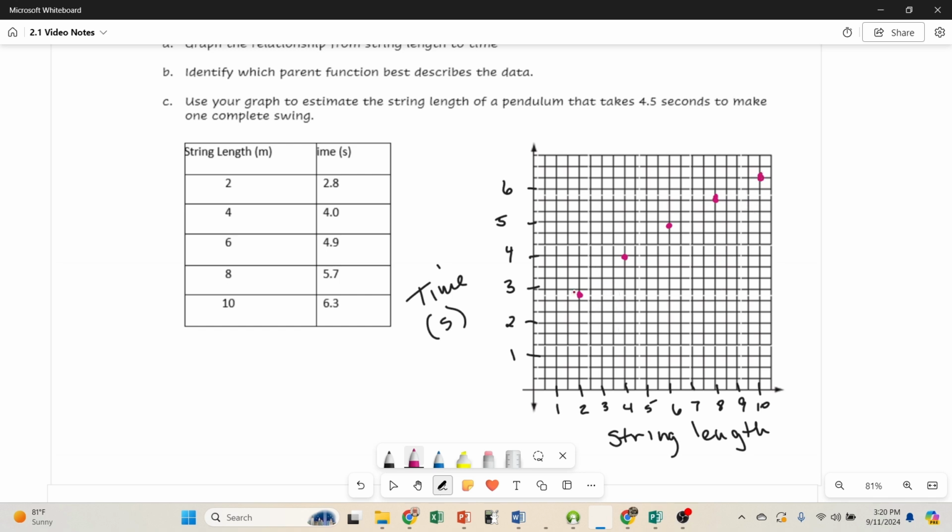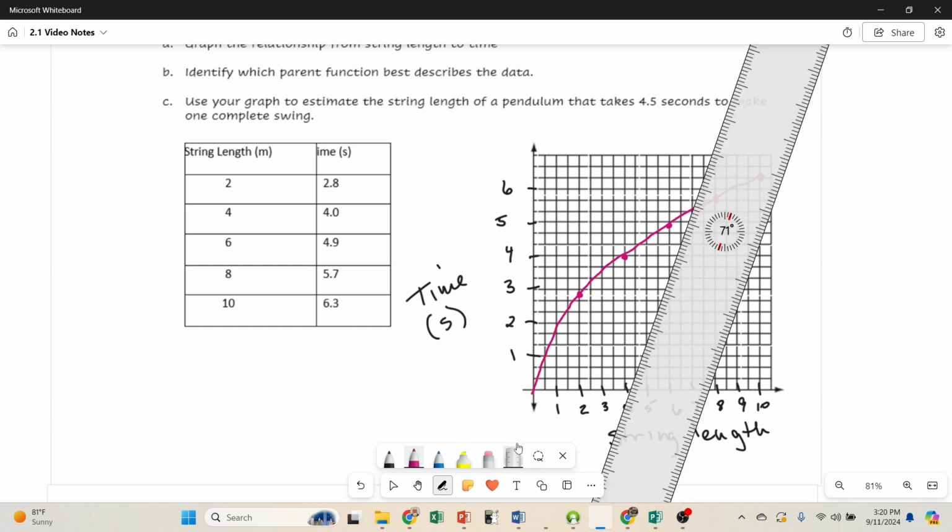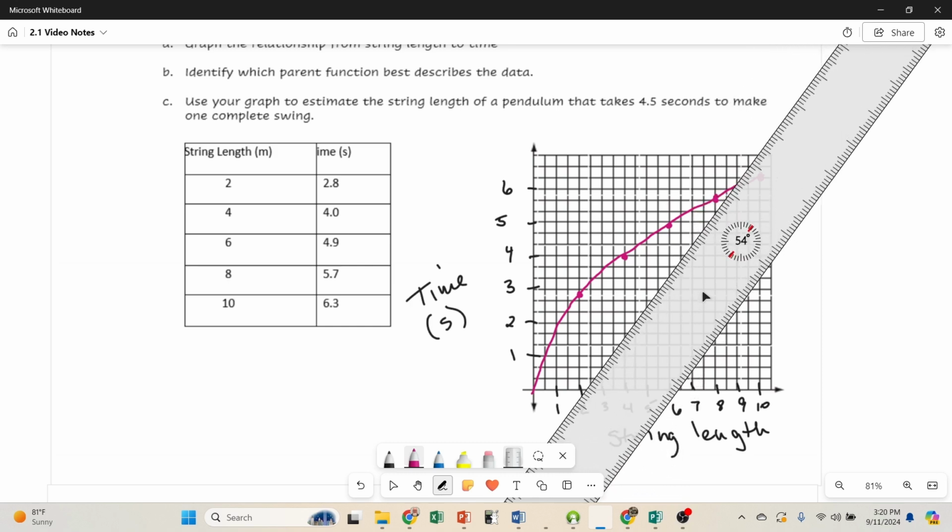Now, keeping in mind at 0 seconds, this would have to come down to 0. At 0, no string length, there's no time. So technically, our graph would travel this path here. And it's very evident when we put a ruler to this that there's a curve here.